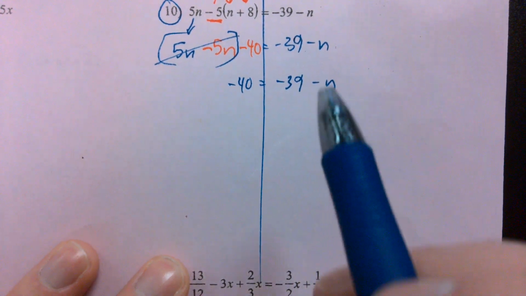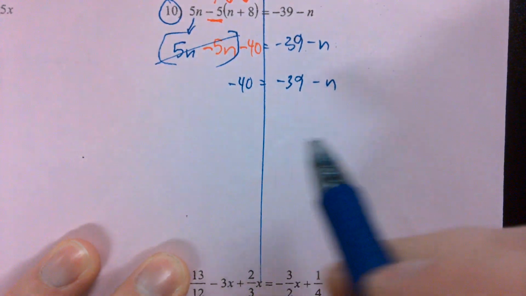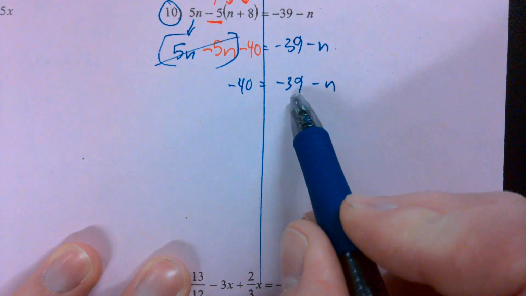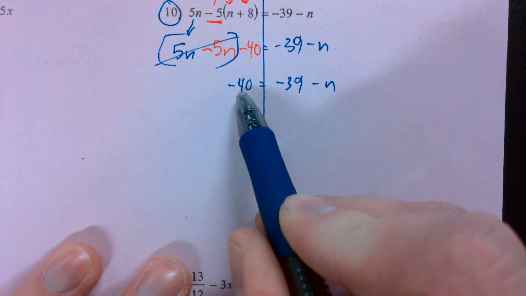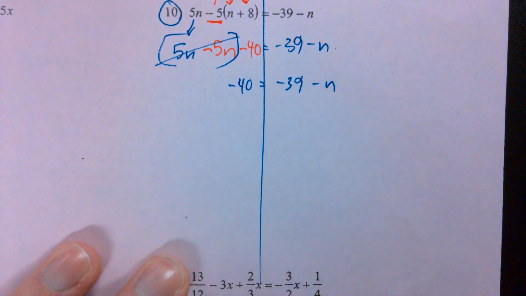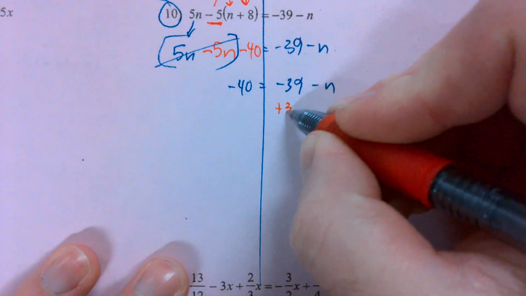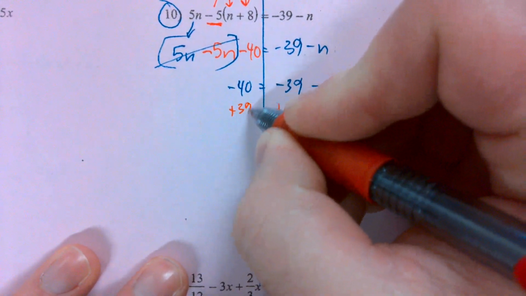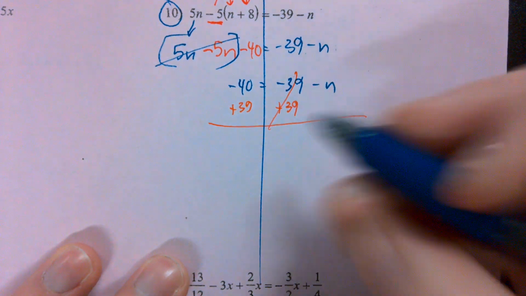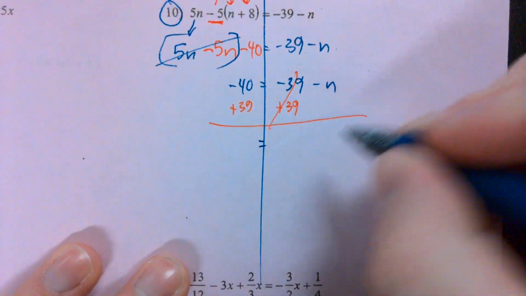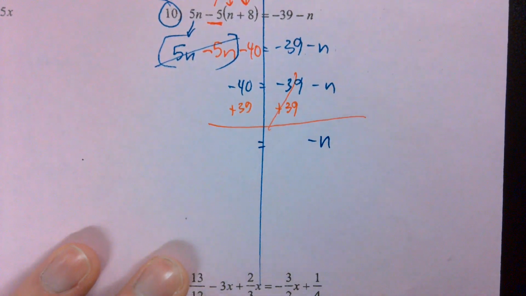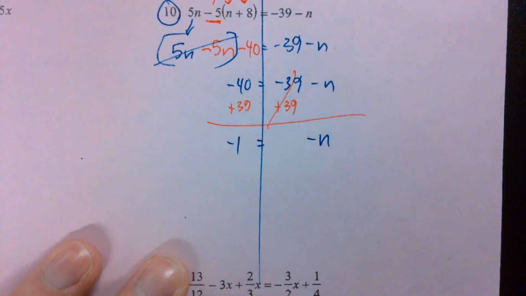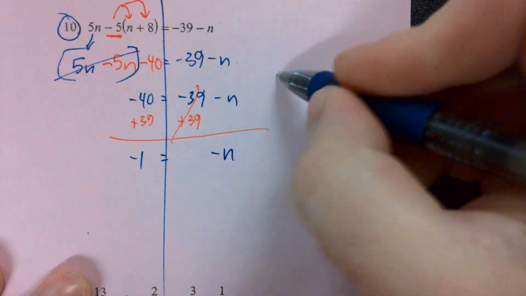But that gives us an extra step. Instead, let's bring 39 over to the left. What's the inverse of -39? Plus 39. Plus 39. What is -40 plus 39? -1. Not just 1, but -1.